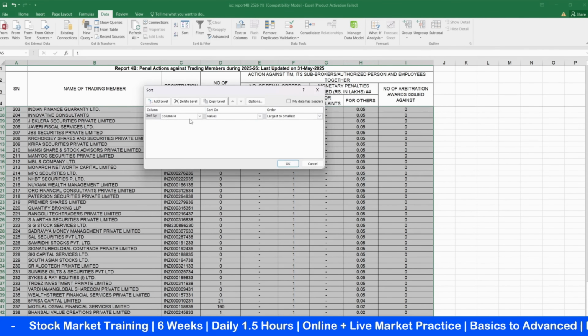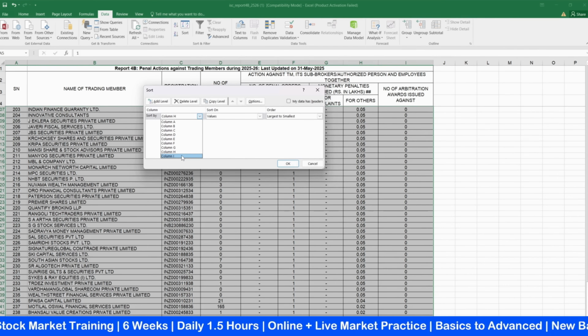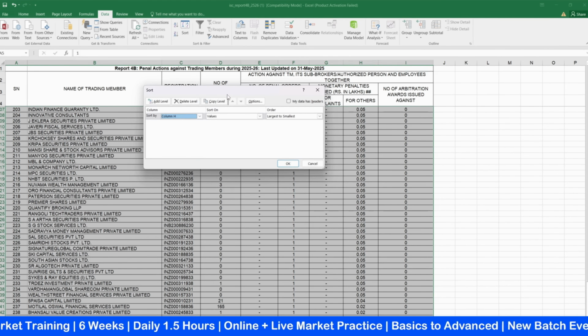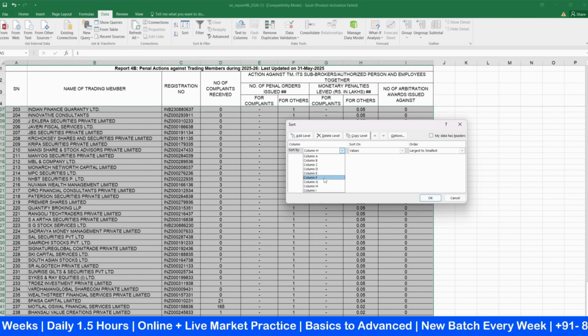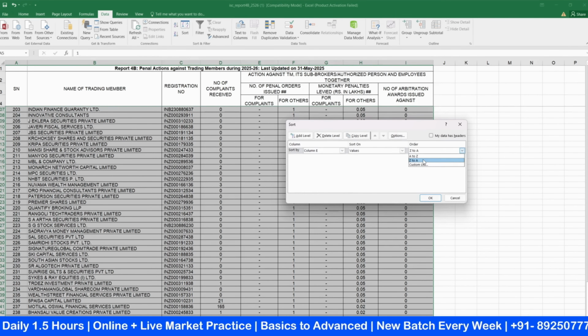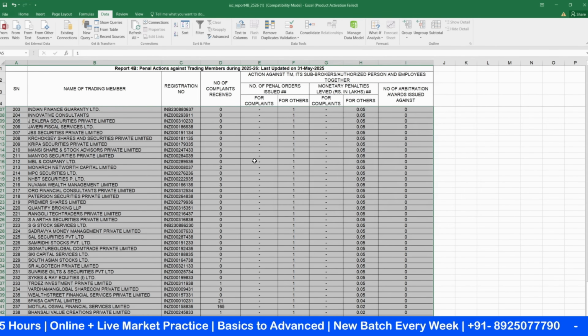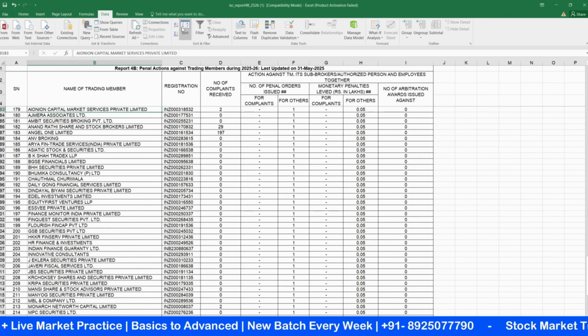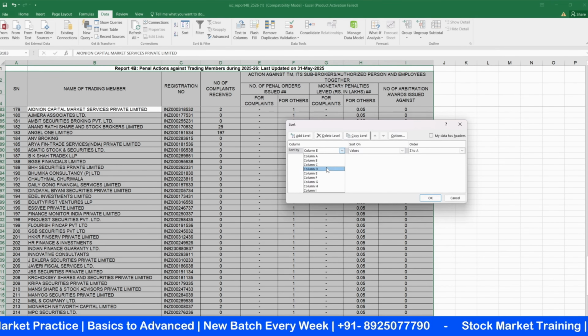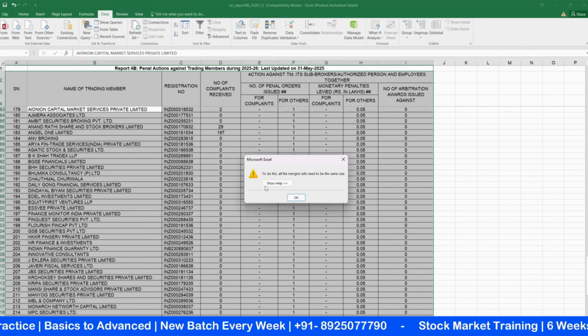Let me sort this by getting into the number of complaints column. Number of complaints is in column E, am I right? Okay, number of complaints is in column D. So sort them based on column D, largest to smallest.